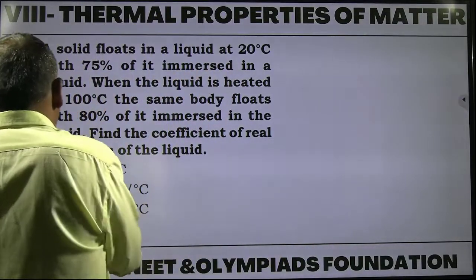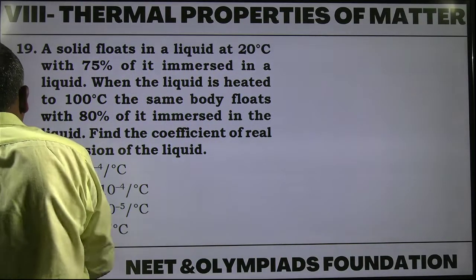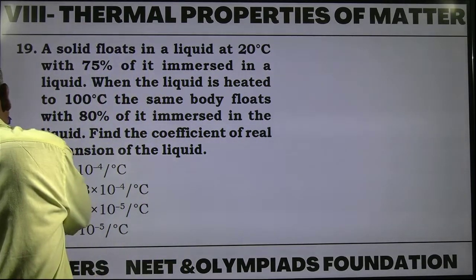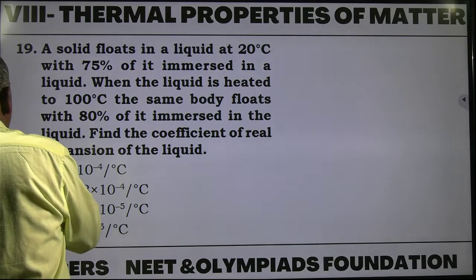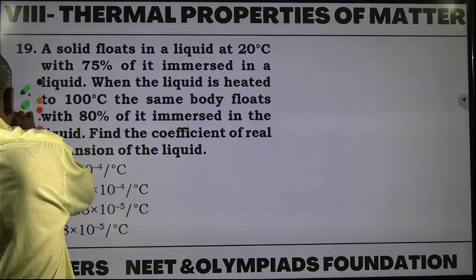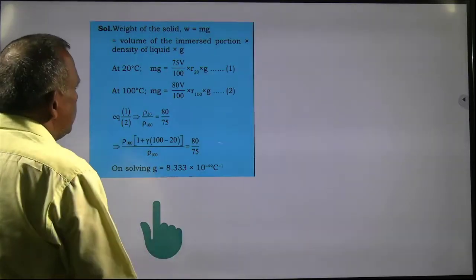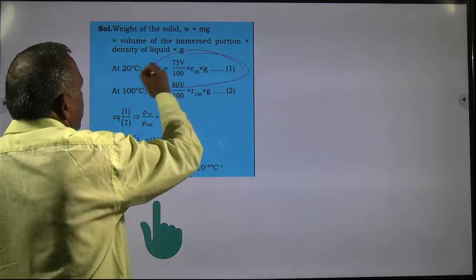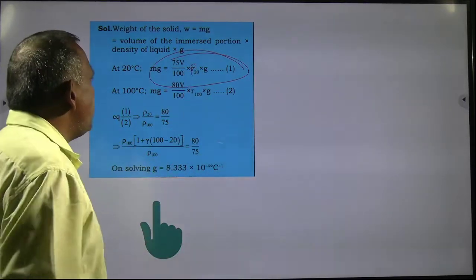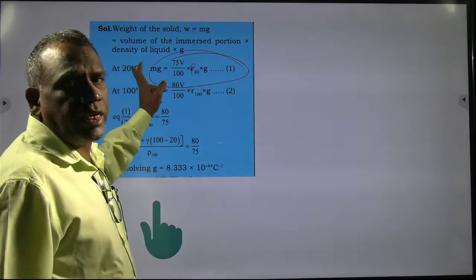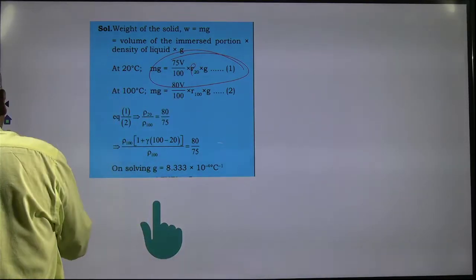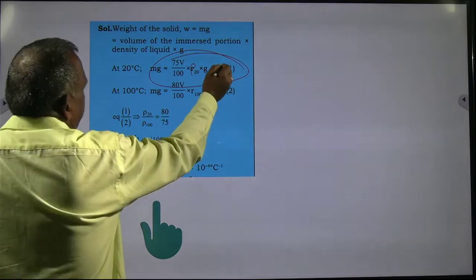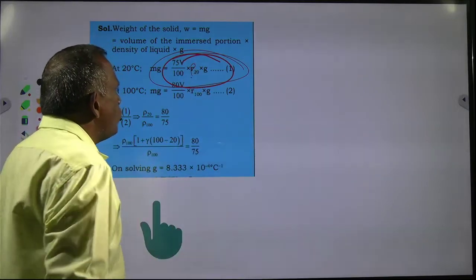To find this, there is a direct formula for the real expansion in terms of densities. At 20 degrees centigrade, 75% of its volume is immersed. So you have to take 75 by 100 into rho 20 into g.